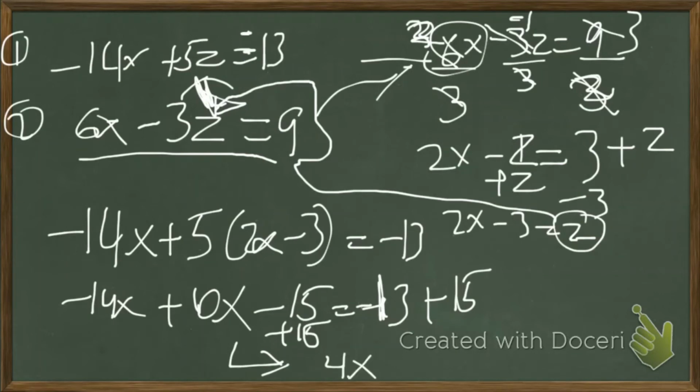Minus 4x will equal minus 13 plus 15, which is 2, and I divide by 4 on both sides.